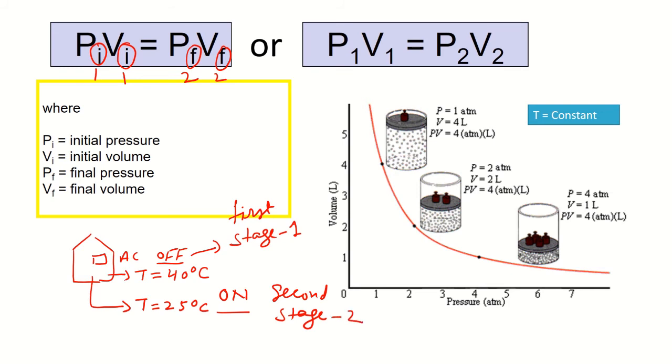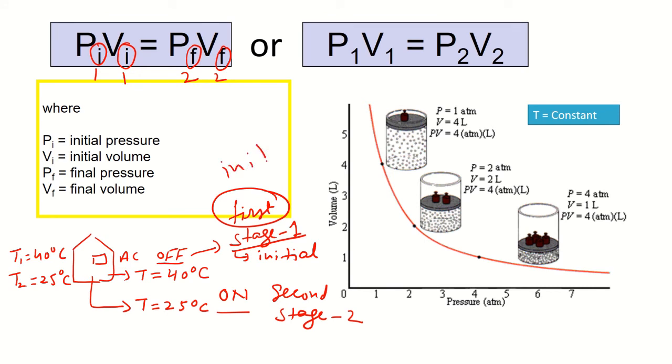So I can write like this: the temperature T1 is 40 degrees centigrade, and the temperature T2 is 25 degrees centigrade. These are the two different temperatures at the different stages. We can write the stage 1 temperature as the initial temperature, because initial means which comes first.